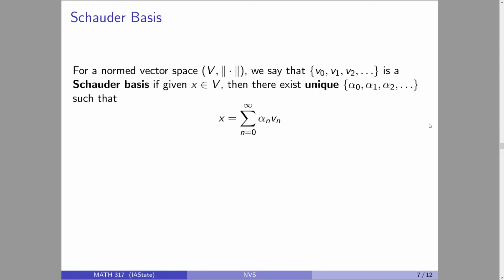So, a Schauder basis for a norm vector space is a countable list, potentially finite, so that for any x, there are unique constants so that it's equal to the infinite series formed by that. Because we now have a notion of convergence, we can now talk about infinite summations. More precisely, the sequence of partial sums has to converge.